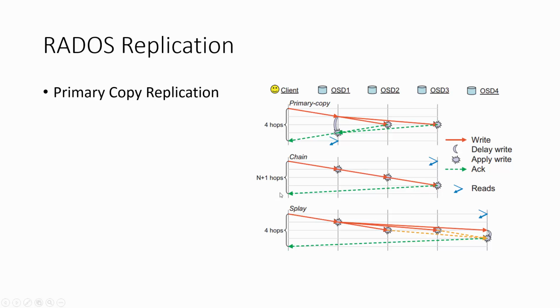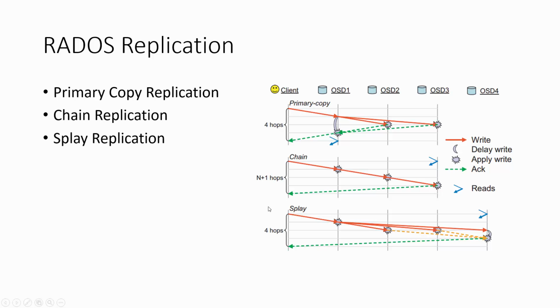Notice that it takes n plus 1 hops for a write operation to complete, and the write is always acknowledged by the last OSD in the chain. However, reads can happen literally in 1 hop. The reads will go to the last OSD in the chain, always in chain replication.